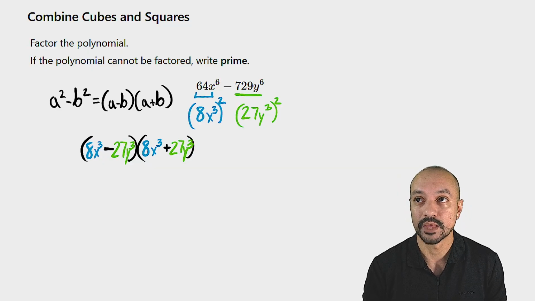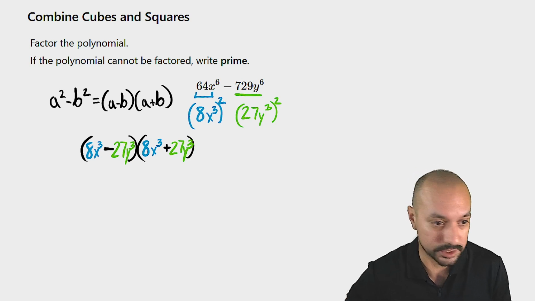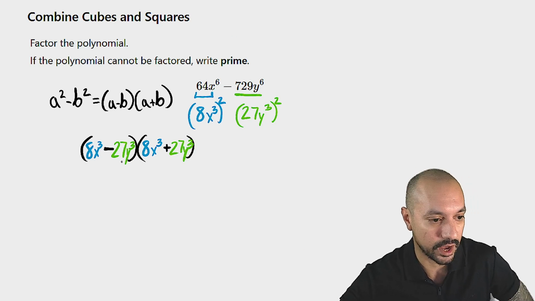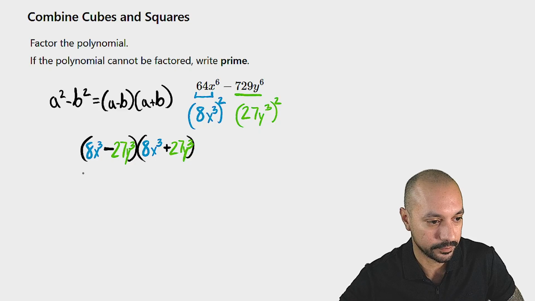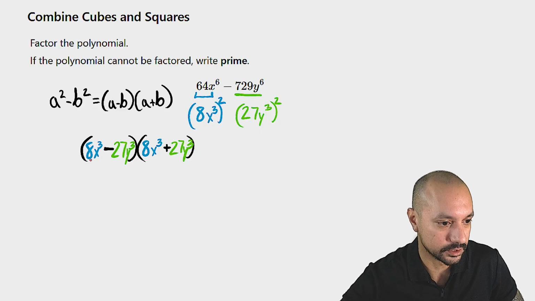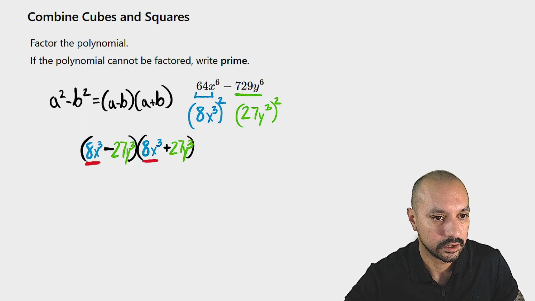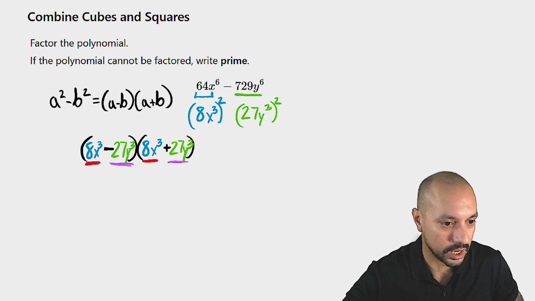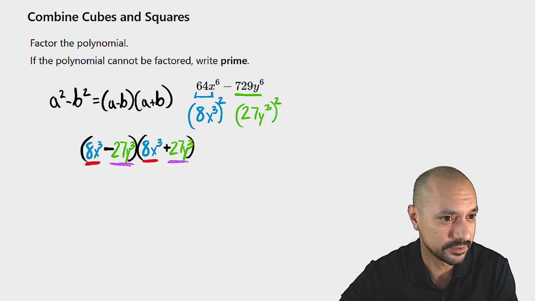But I've noticed that I can continue factoring. The reason I can continue factoring is because we now have some cubes showing up. Let me pick out some different colors. So we'll use red, and we'll use this magenta, violet, I'm not sure.